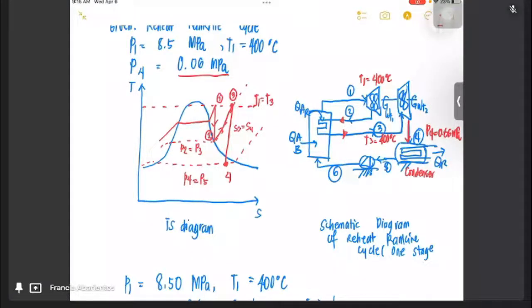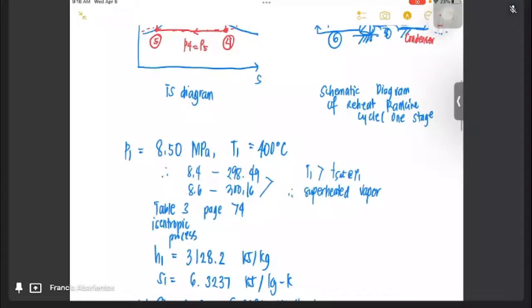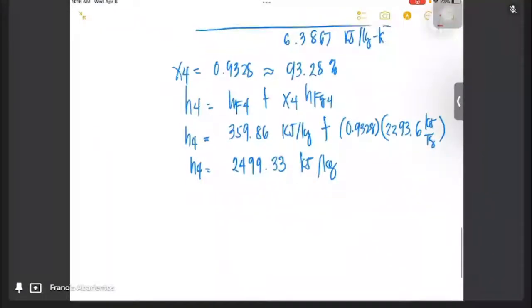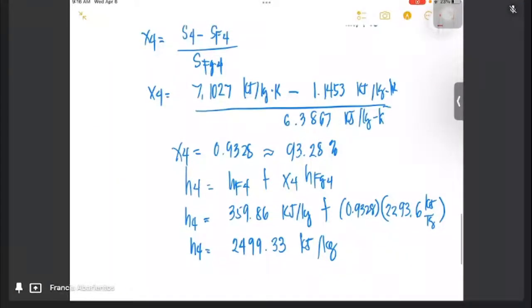So, nangyayari, heat exchange, heat is transferred. So, automatically from 0.4 to 0.5 papuntang pump. Okay? Constant pressure, and after that, yung boiler natin. At 0.6. Work ng pump, papunta sa boiler. Okay? So, what is the condition na hindi pa natin nahanap? Yung state 4. I mean state 5.